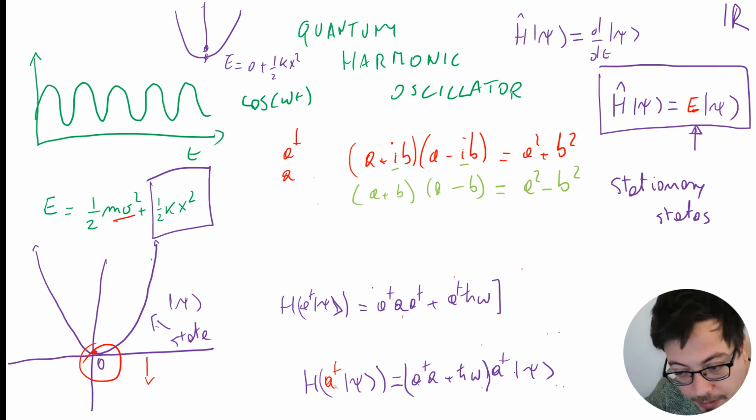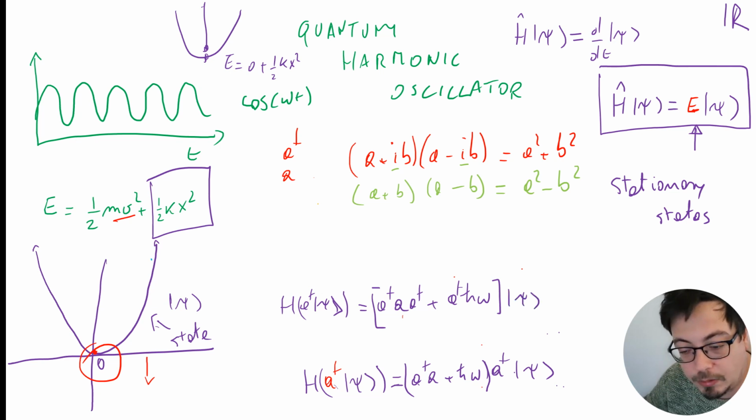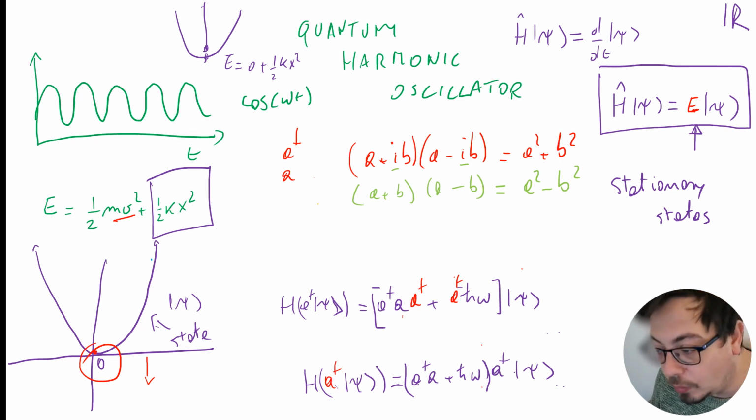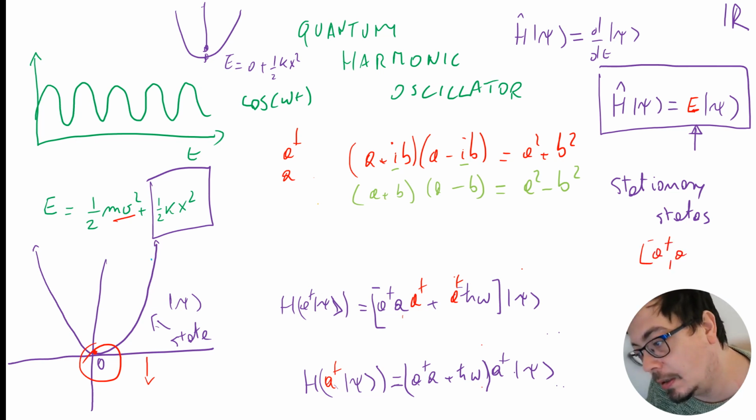I did nothing but multiply the number, and now if I want to be more specific, I color this in red, so we trace the order of the operations, because we want to keep track of the operations, because we know that they don't commute. They have this weird thing called the commutator, which means a a dagger minus a dagger a.